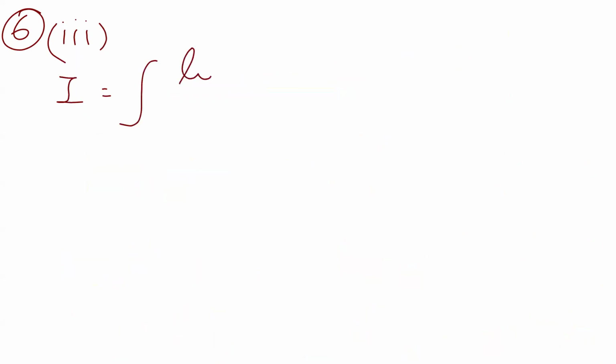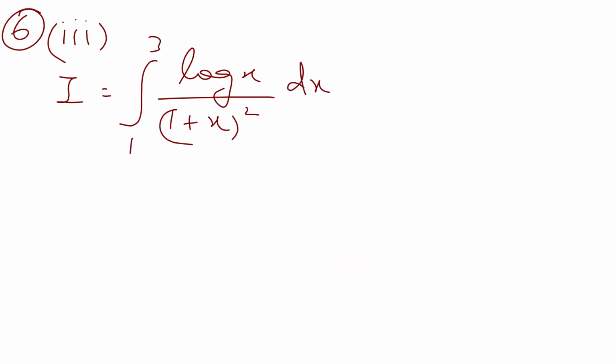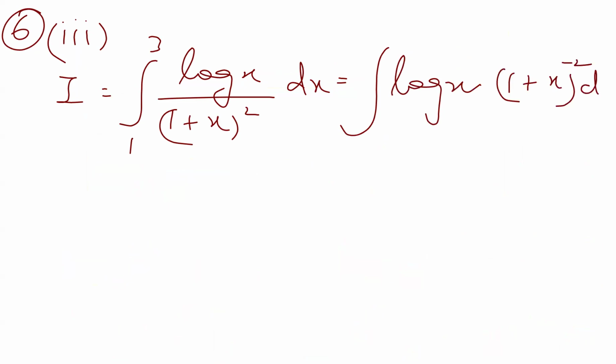Integration of log x upon 1 plus x the whole square, from 3 to 1. Log x into 1 plus x raised to minus 2 dx, 3 and 1. Logarithmic term is u, and algebraic term, x raised to n term, is v. No need to interchange this.